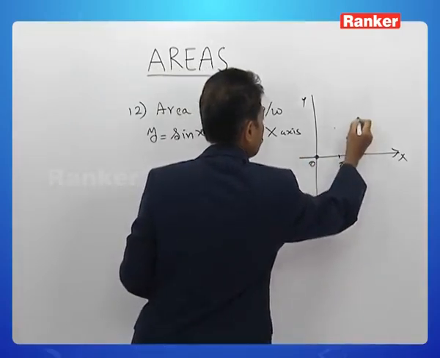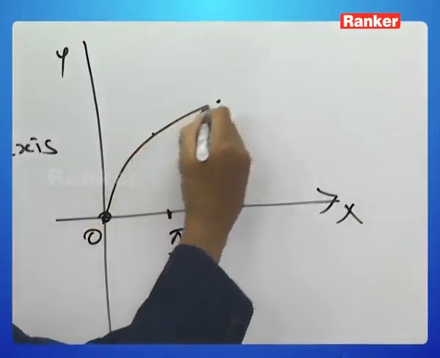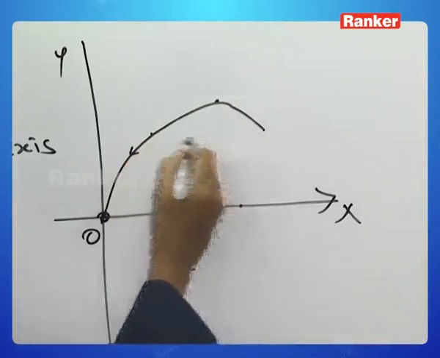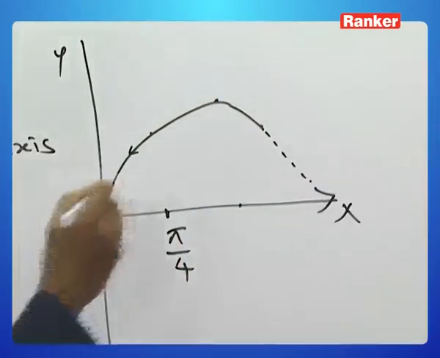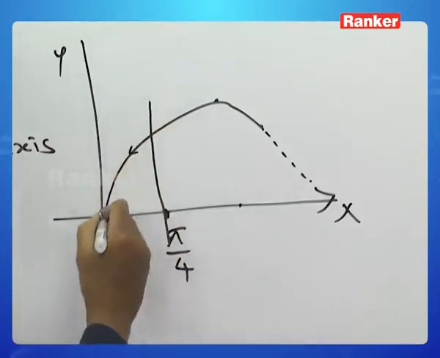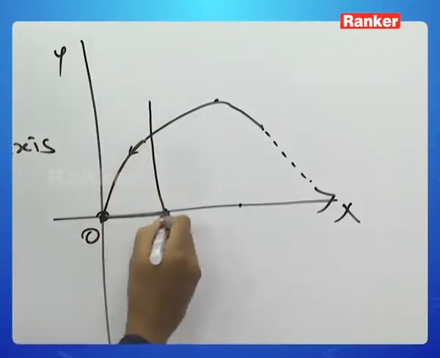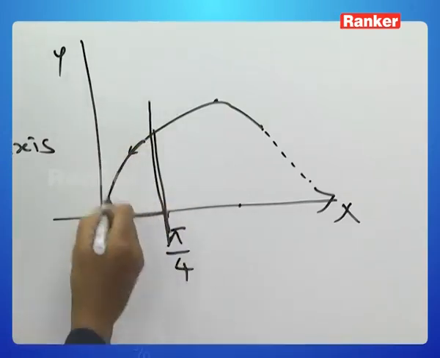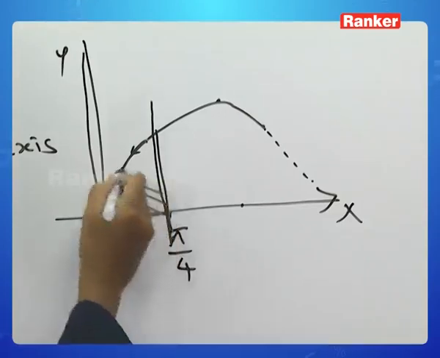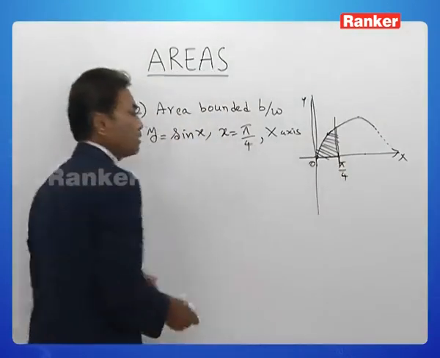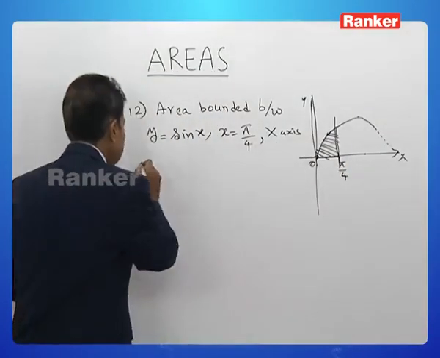If you put pi by 2, 1. So somewhat the sine curve will be like this. Right? If you prolong it, it will come like this. But we want the area only between the sine curve, x axis and up to pi by 4 only. So this area is the required area. Let us find this area.